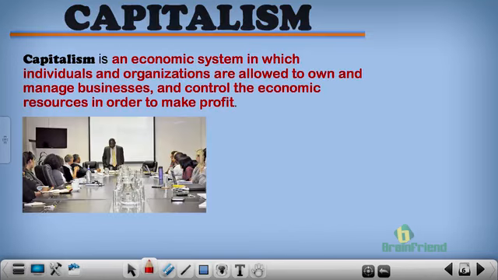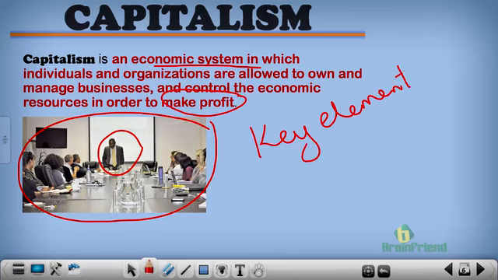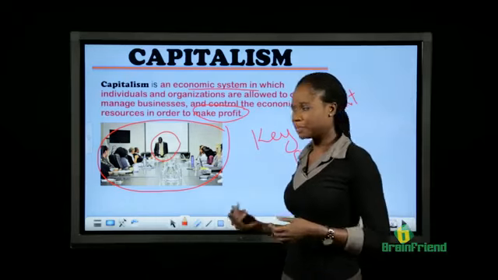After which we looked at what capitalism as a concept actually is. And we said it's an economic system in which individuals or organizations are allowed to own and also manage businesses, and then also control the economic resources available in that country or in that state in order to make profit. And we said a key element to be noted is that profit making is very important in capitalism.